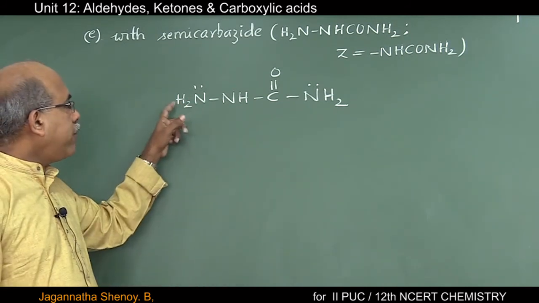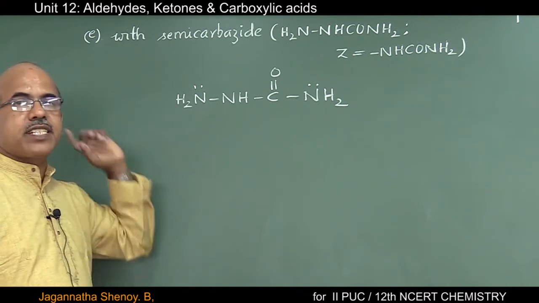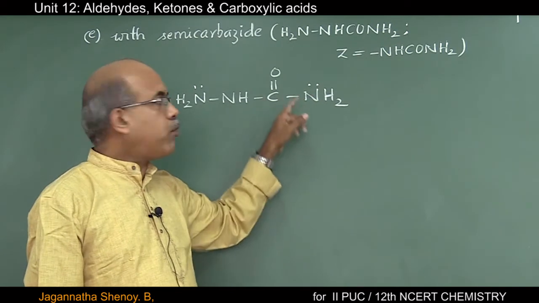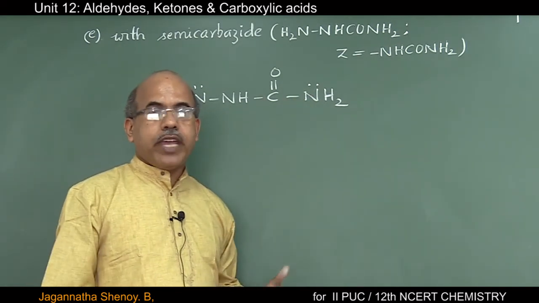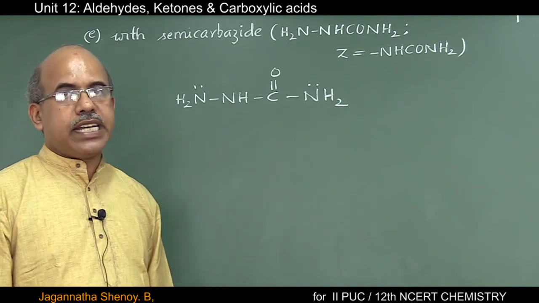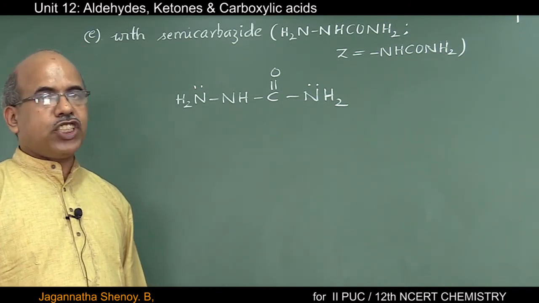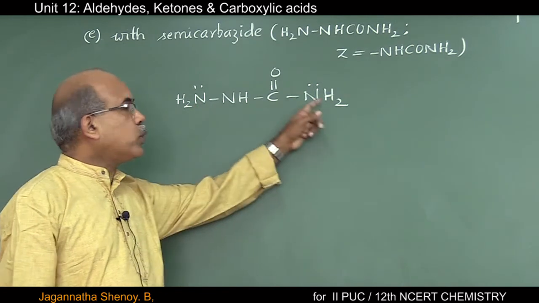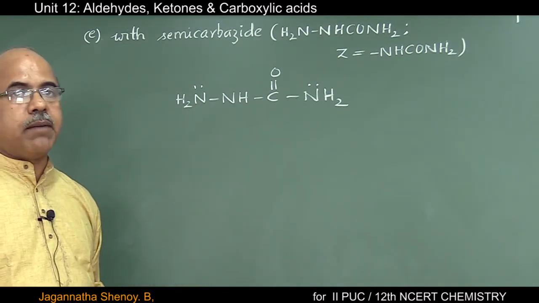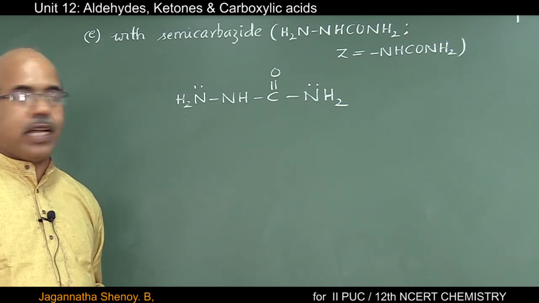So here you have NH2 group which can condense with C double bond O. Even on the right hand side of CO you have NH2 group. We expect even this NH2 group to undergo condensation with C double bond O. Now the question is, out of these two NH2 groups, which one will undergo condensation with C double bond O and why not the other one?